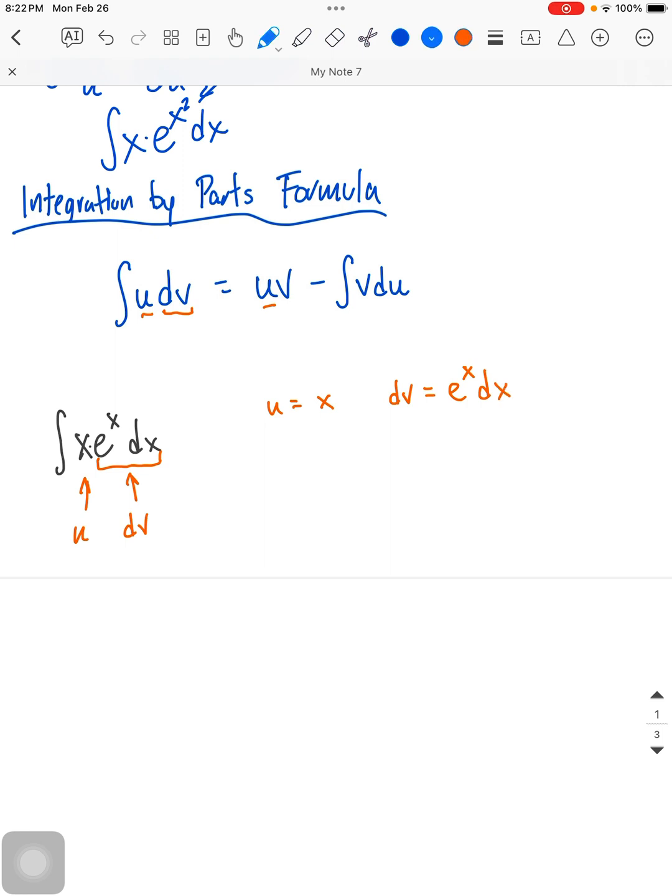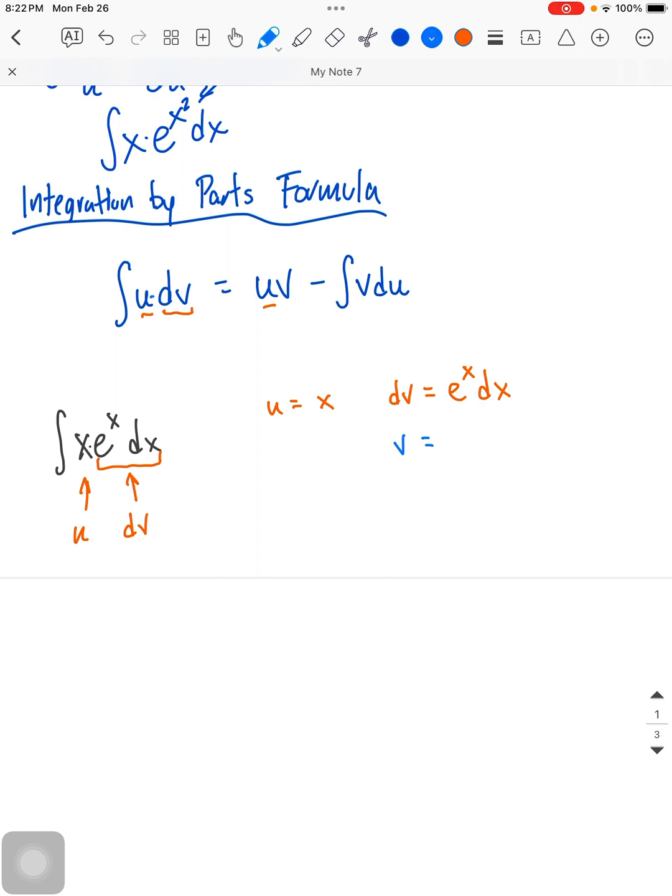And if you look at the goal here, just applying this formula directly, it says that the integral of u times dv is equal to u, which I already have, u is x, times v. And we can find v because v is going to be the antiderivative of dv.